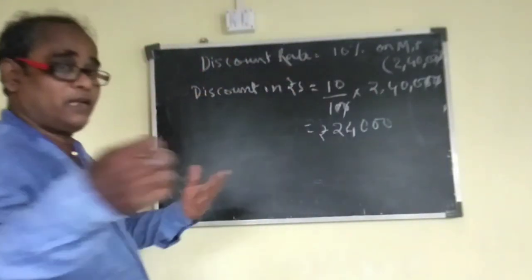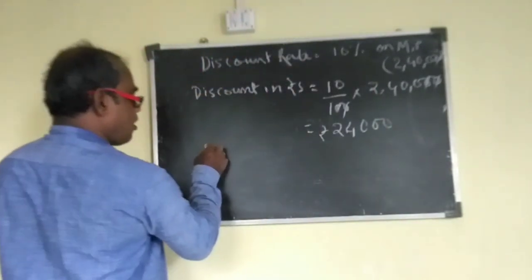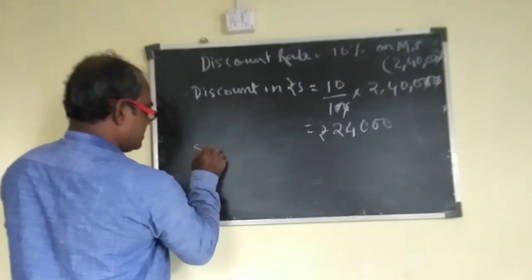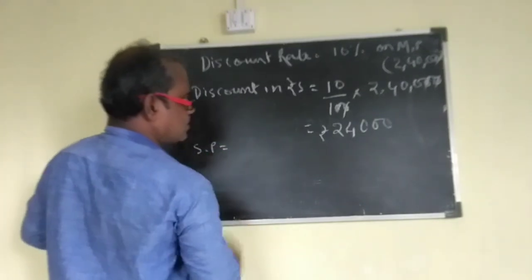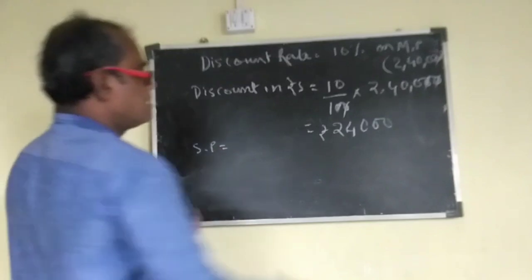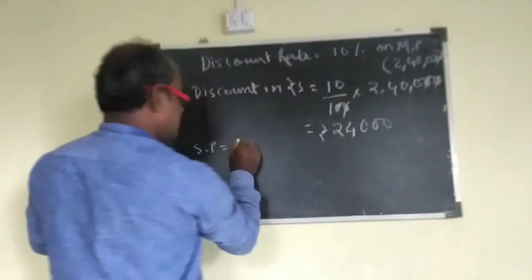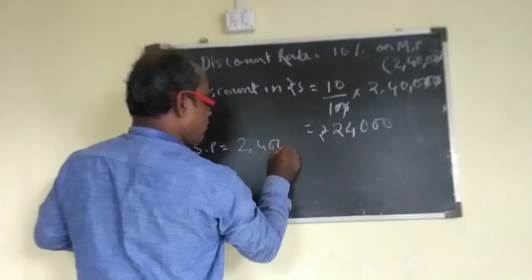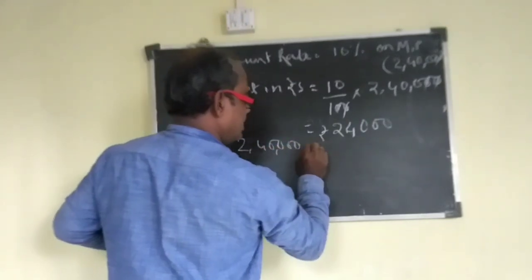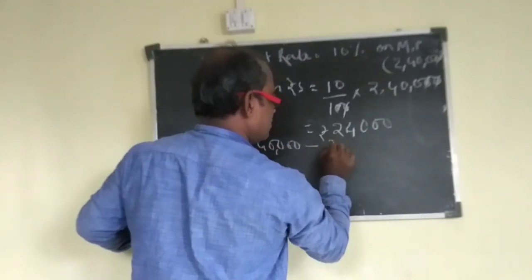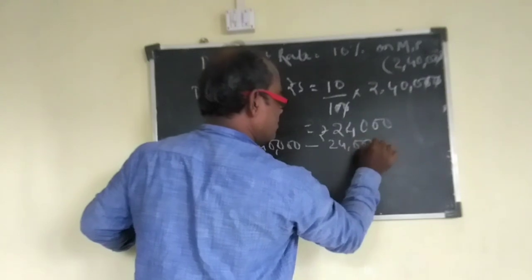So what will be his selling price then? His selling price of dealer. Selling price will be equals to SP means selling price. Selling price of the dealer will be from 2,40,000. 2,40,000 will deduct 24,000.